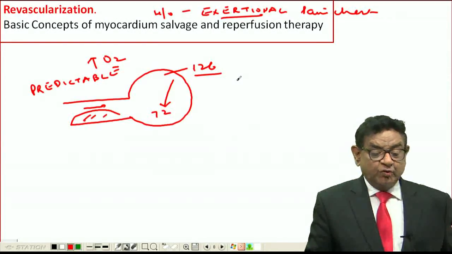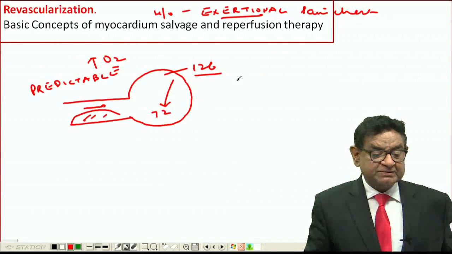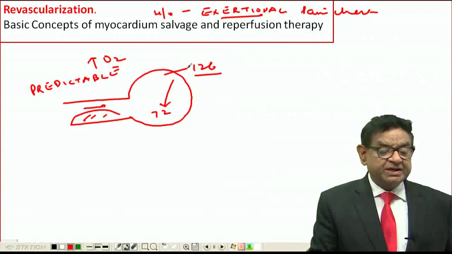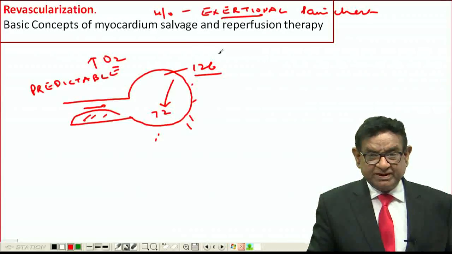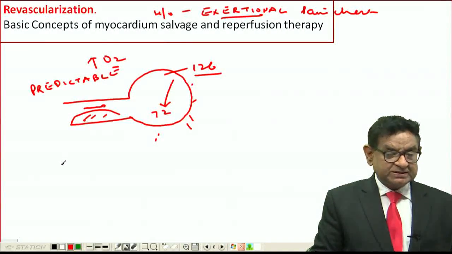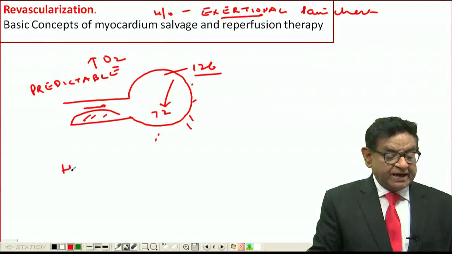When this recurrent attack occurs, the patient tends to develop additional collaterals into the chronic ischemic area. So we call this myocardium hibernating myocardium.